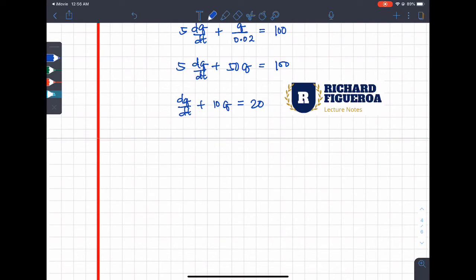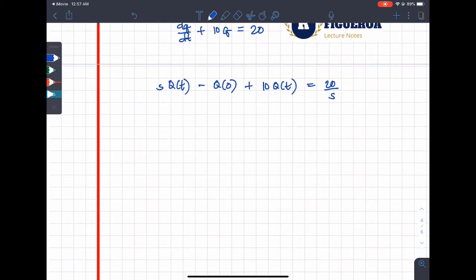So using our Laplace transformation, this would be s Q(s) minus q(0), plus 10 Q(s) equals 20 over s.